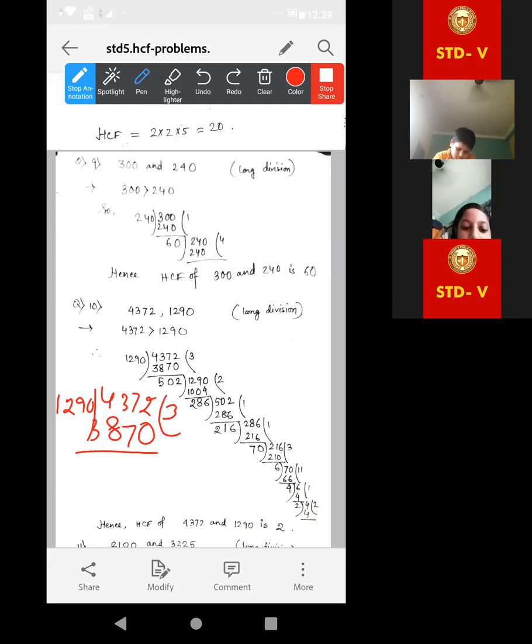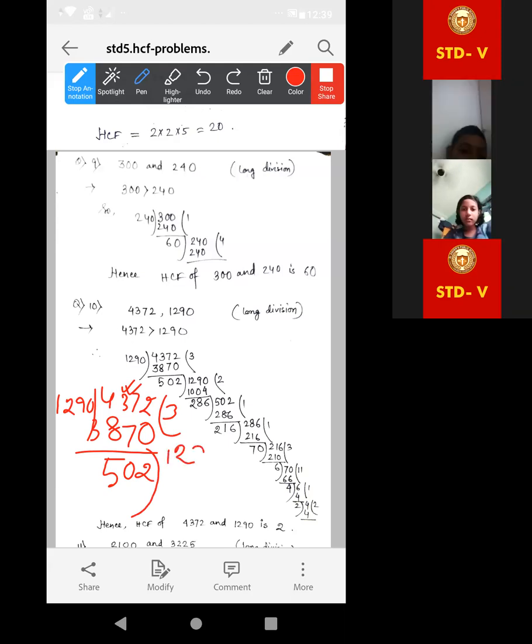Okay, now the subtraction. This 2 will come, 7 minus 7, 0. This one we have to consider 13. It will be 5. Borrowing subtraction. Okay, so 502. Now by this 502 we have to divide 1290.